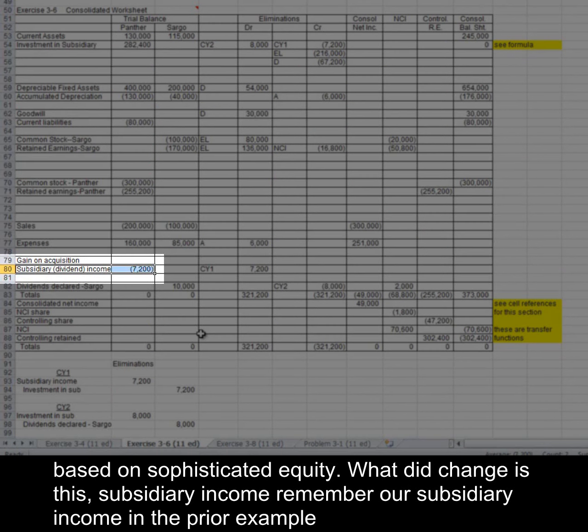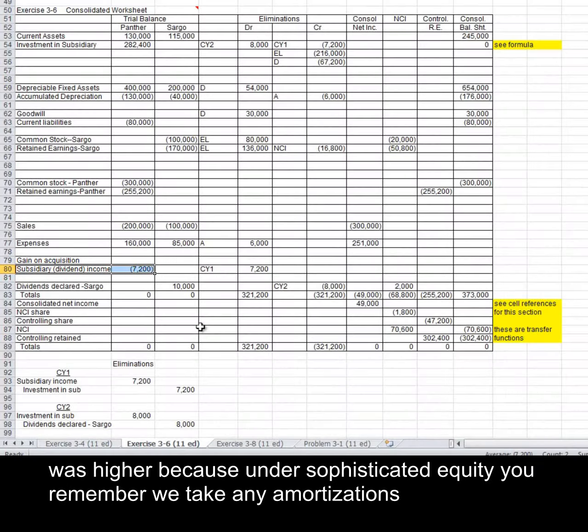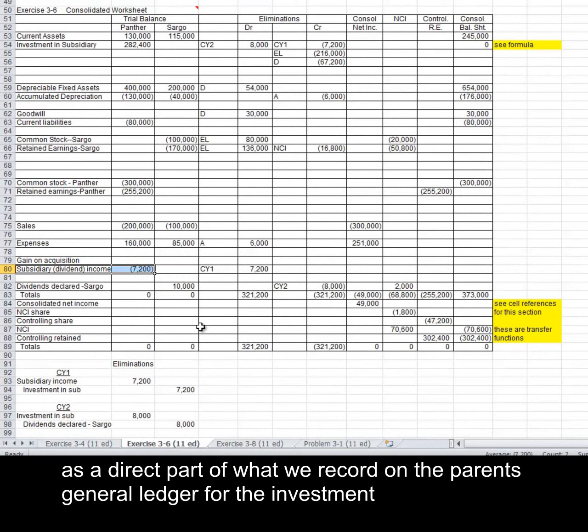Remember, our subsidiary income in the prior example was higher because under sophisticated equity, remember we take any amortizations as a direct part of what we record on the parent's general ledger for the investment account.